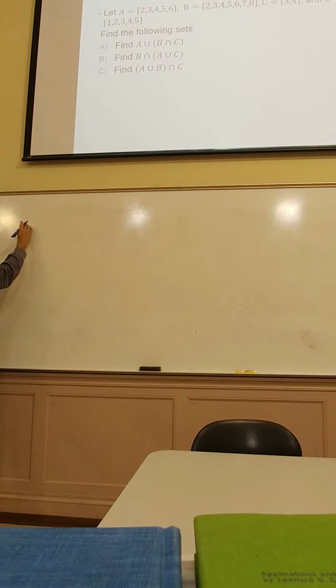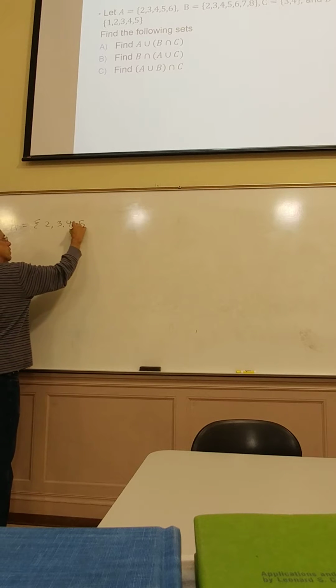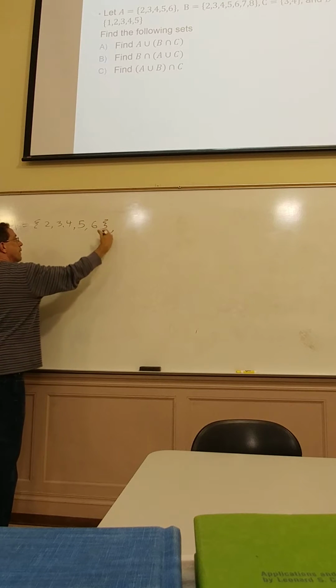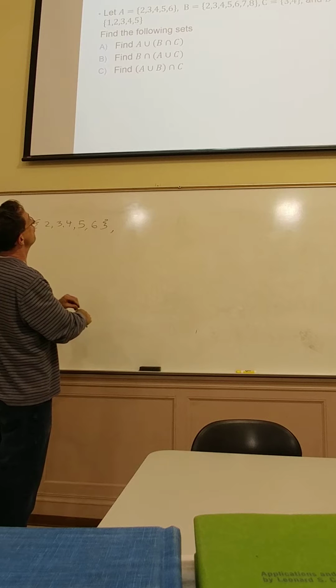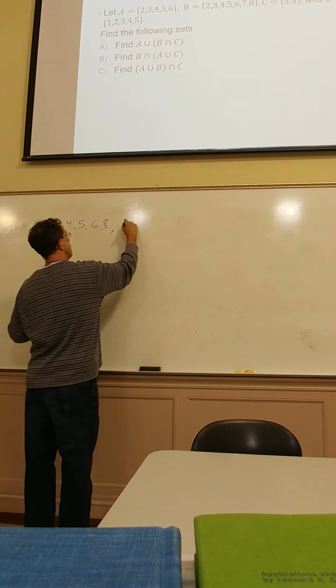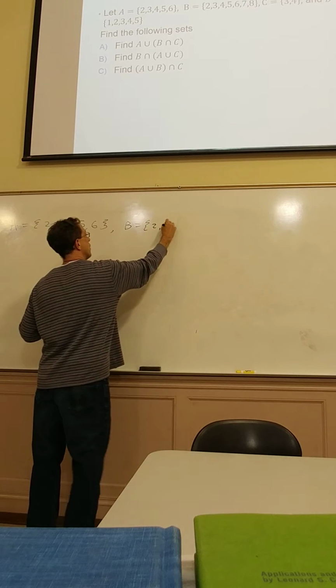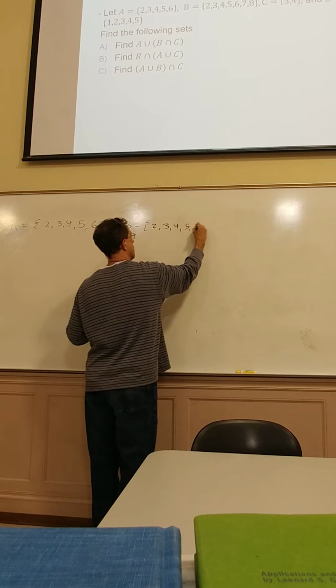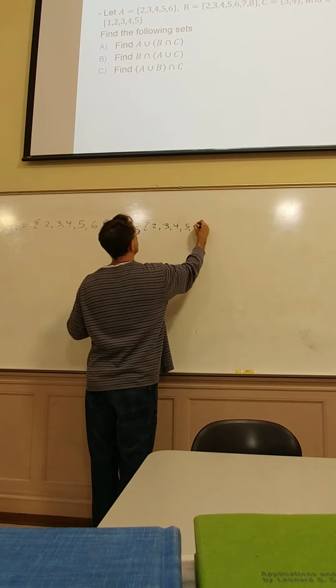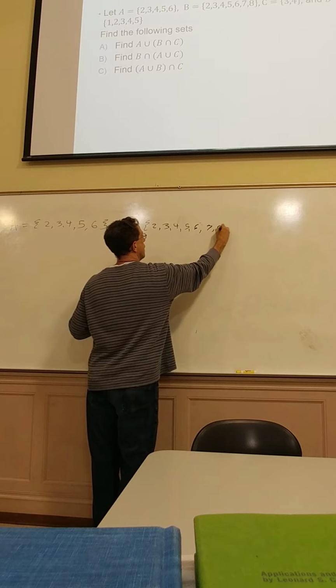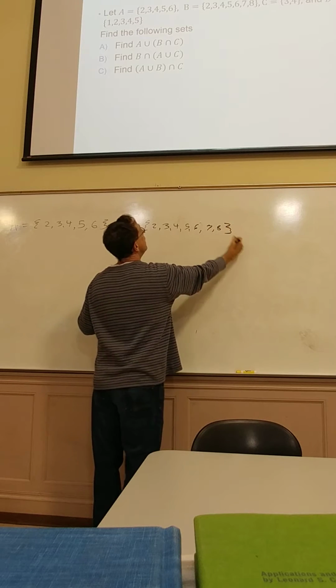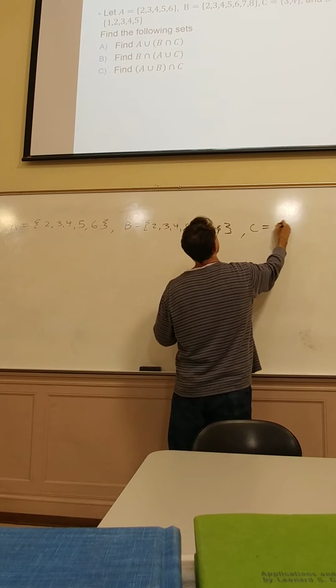So, if A is 2, 3, 4, 5, 6, B is 2, 3, 4, 5, 6, 7, 8, and C is 3, 4.